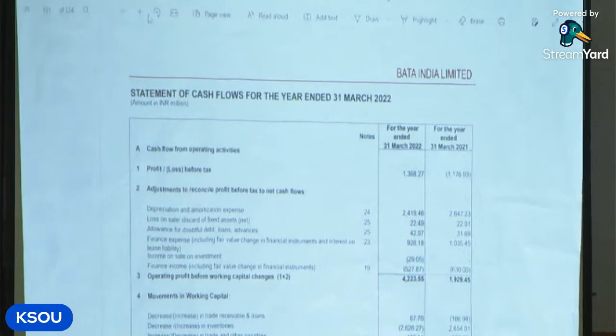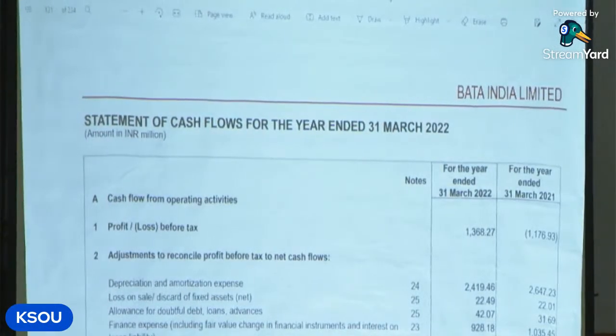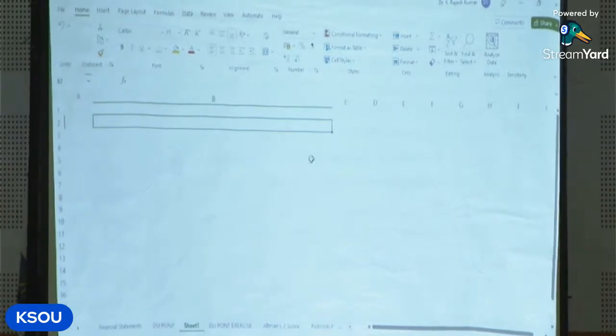Okay. Sir, all of us know the format of cash flow statement. To just give a basic orientation, it's a statement which gives details of cash flows, and this is the format of cash flows.